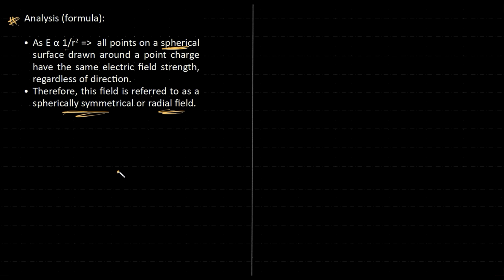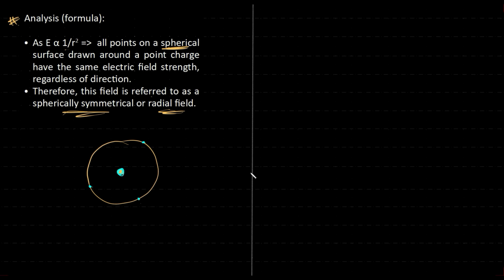Simple. You have a dot. You are looking at a sphere with this as the center. At this point, the magnitude of the electrical field will be the same. Agree? Right? Because the distance will be the same, Q is the same.